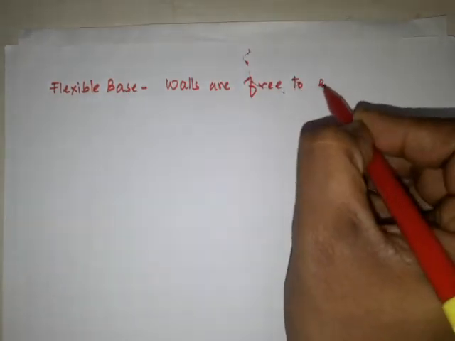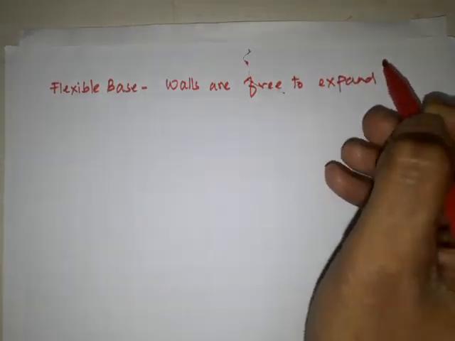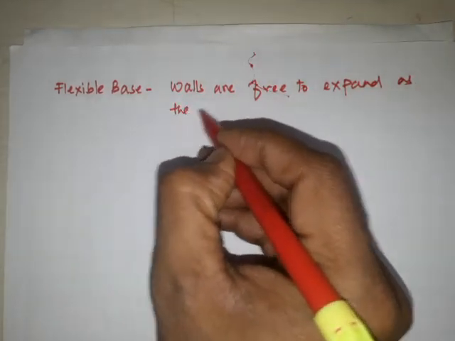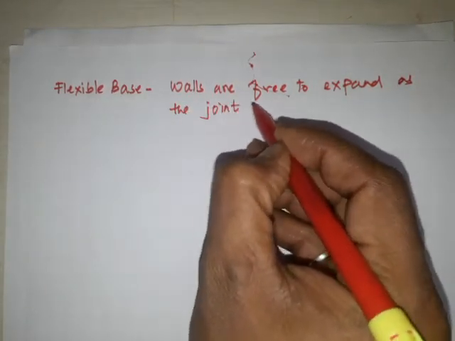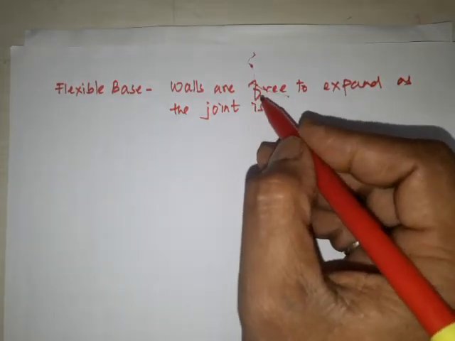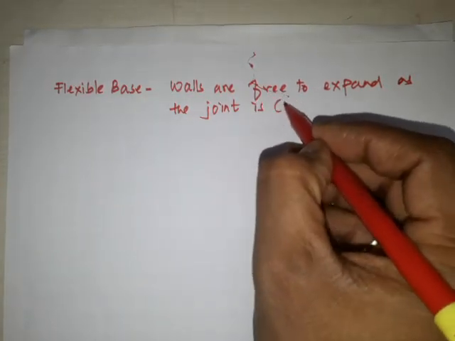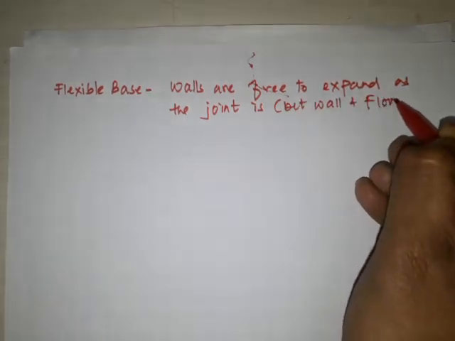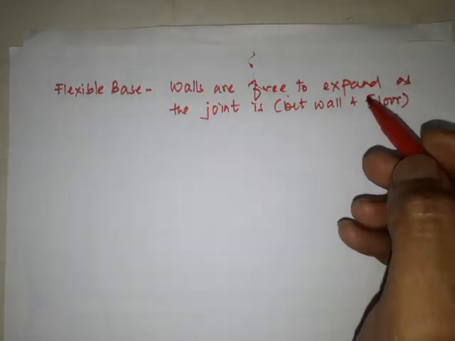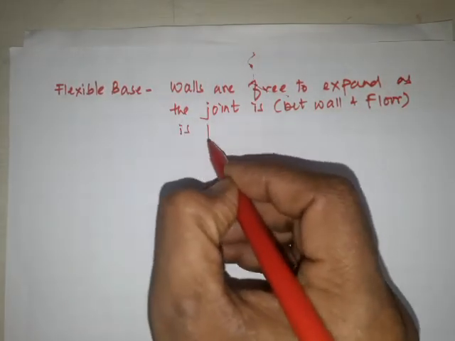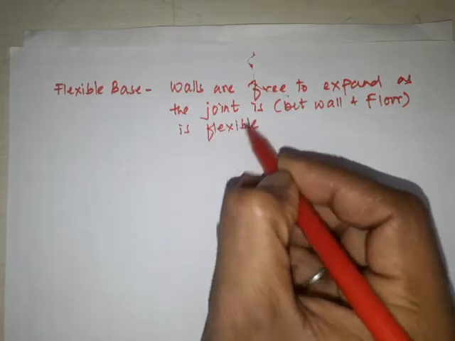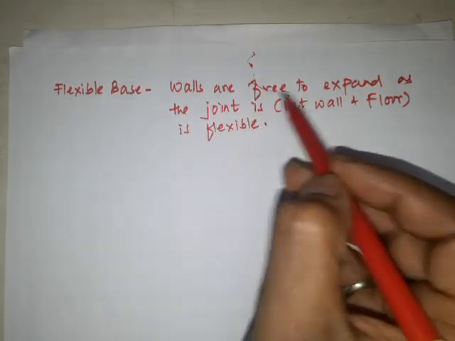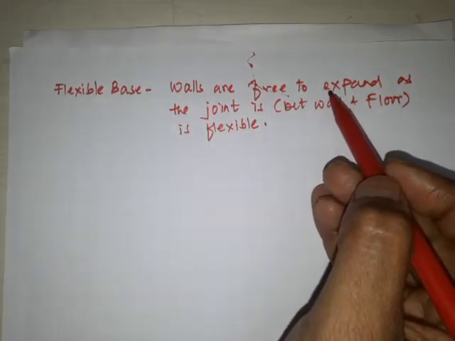Free to expand means walls are free to expand as the joint between the wall and floor, or the base slab, is flexible. Okay, correct. So the walls are free to expand here, and that's what is called a flexible joint.